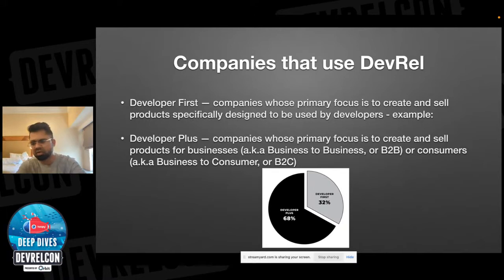Developer first are 32, one third of the companies, and developer plus are more. So all the strategies that we talk about today are going to be relevant for both of these companies. Before we start, I also want to mention that all these opinions are just my own, and we always need to consider that every advice that we hear on the internet comes with its own context.